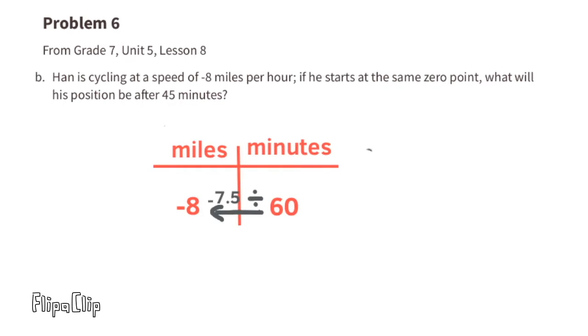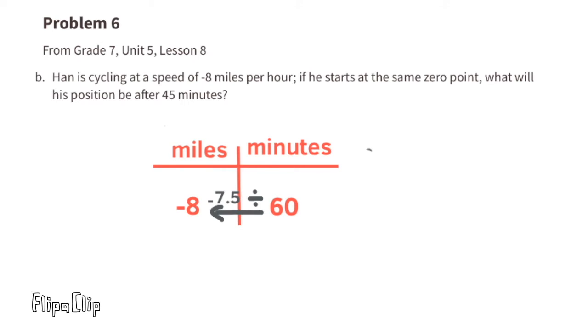They tell us that Han's traveling -8 miles per hour and there's 60 minutes in an hour. Working from the right side to the left side, 60 minutes divided by -7.5 equals -8, or 60 divided by -8 equals -7.5.